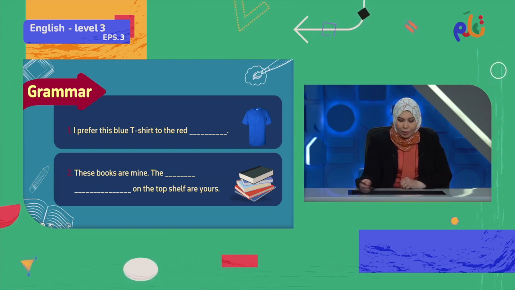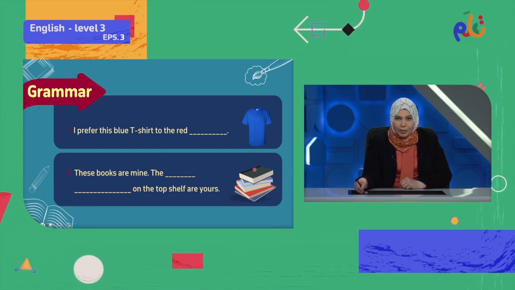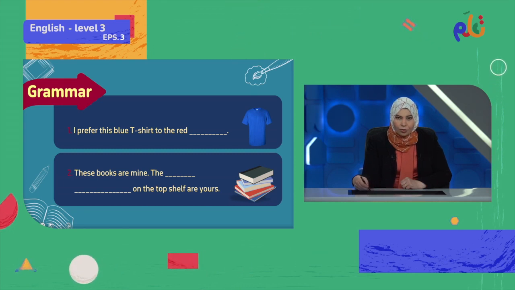And here we have these books are mine. If we're talking about books, the ones on the top shelf are yours. Instead of repeating books again, I can use ones. So one and ones to avoid repeating these words.